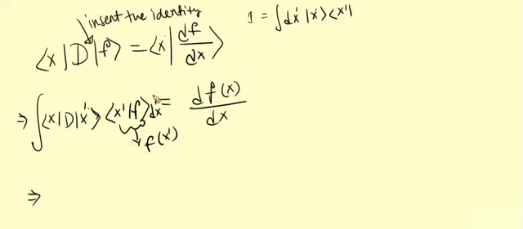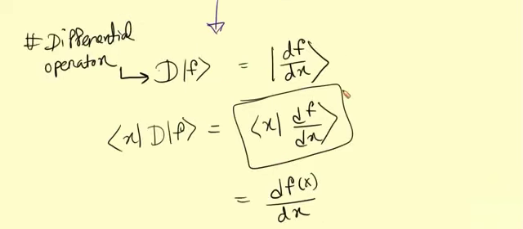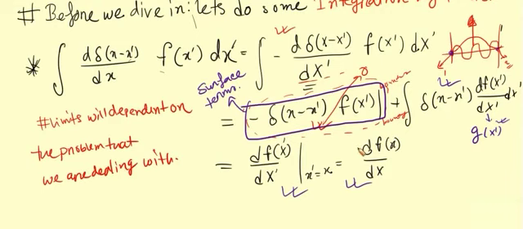Now you're going to compare this equation, let's call it equation 2, with equation 1 over here. If you compare these two equations, then you can easily see that this f of x prime can be written as bra x prime ket f like this, right?